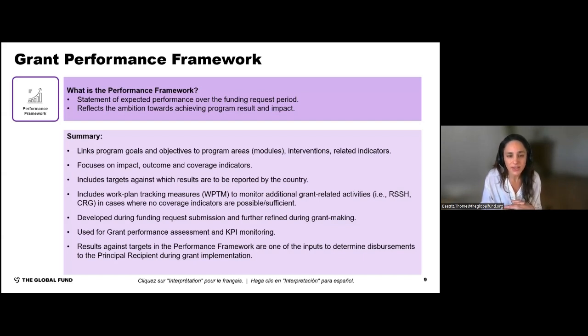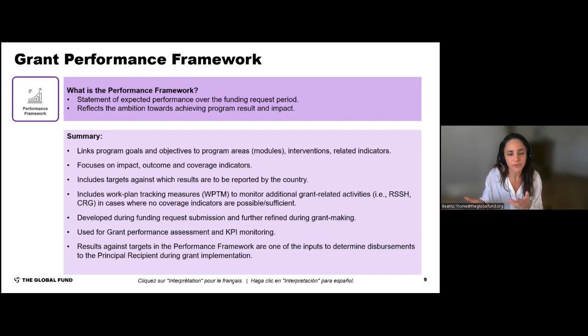Additionally to the indicators, it also includes what we call the work plan tracking measures. And these are meant to be helpful in monitoring additional grant activities. They were mostly useful in the past cycles to help measure implementation of RSSH and CRG activities.